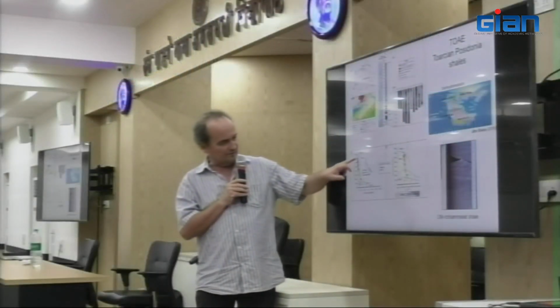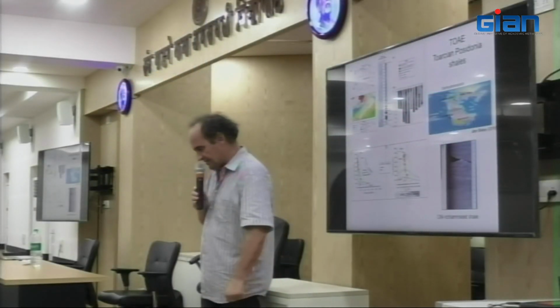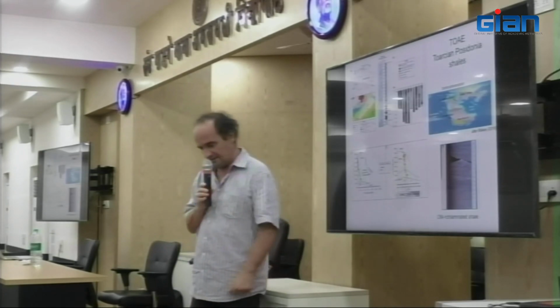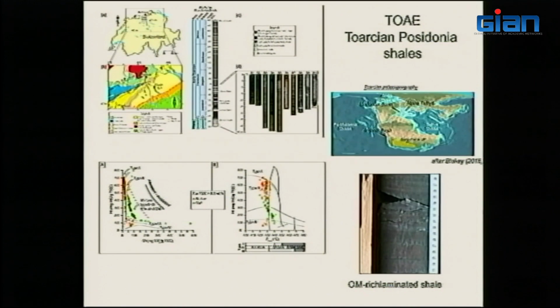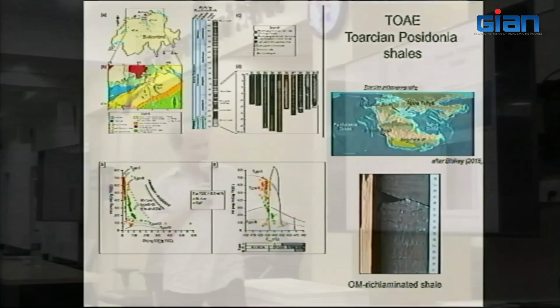If you have a very high hydrogen index, generally, and low oxygen index, it means that the organic matter is very rich in hydrogen. Some people may know the Van Krevelen diagram, which is using just the elements oxygen and carbon. But here we are using these kinds of things.